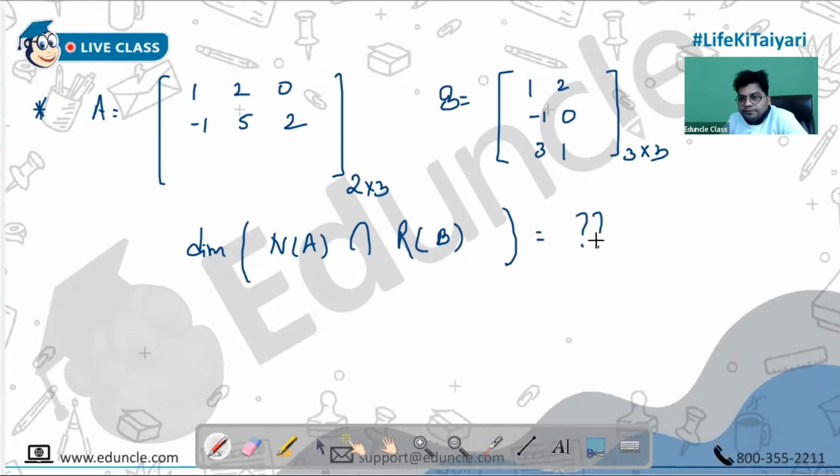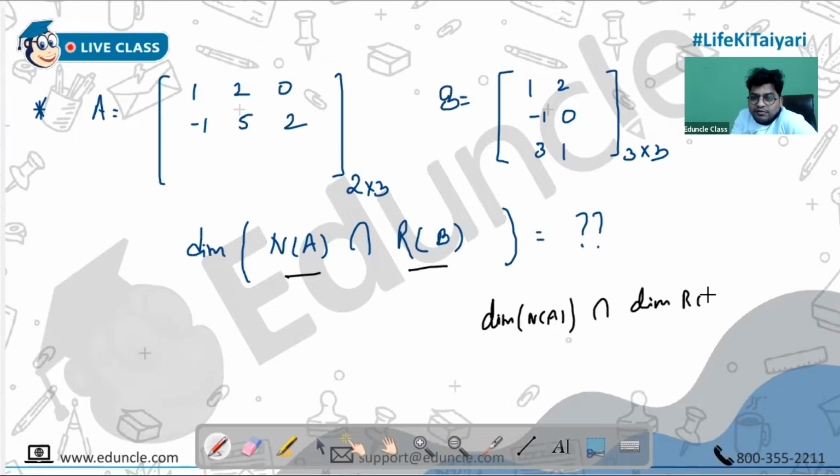So students, have you done this problem? Anybody has done this problem? Yes or no? Tell me quickly. Has anyone done it? So this is the problem. You cannot say this is the dimension of NA intersection dimension of RB. This is wrong, na?